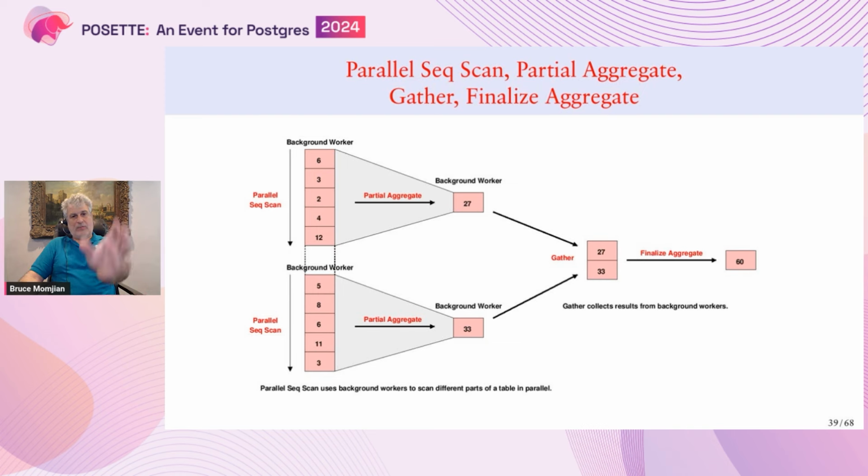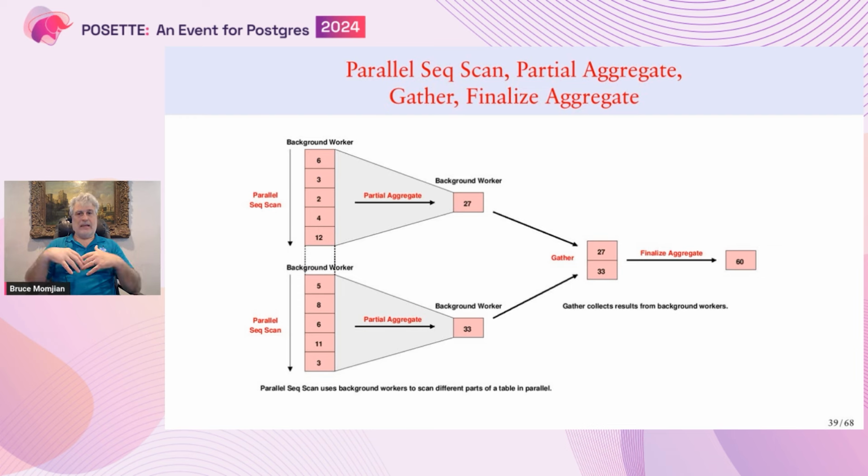So we only have one table here on the left, but you can see I have two worker processes. One is parallel scanning from the top, and one is parallel scanning from the middle down. Going from left to right, I then aggregate these results together into a sum, in this example between the two workers, and then I send them to the primary process, where we then gather.